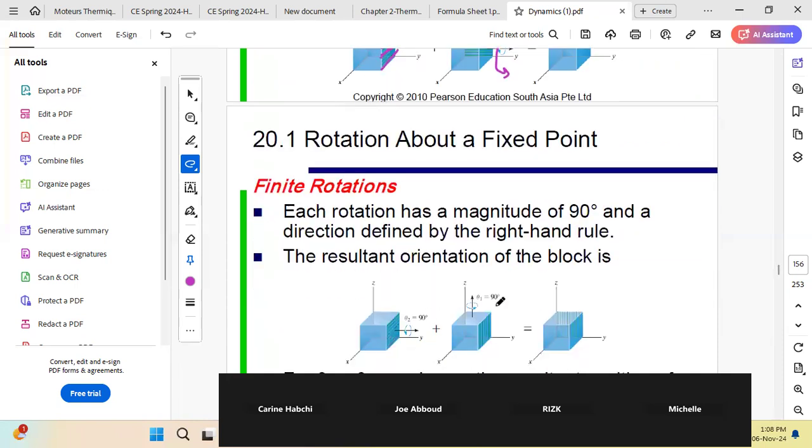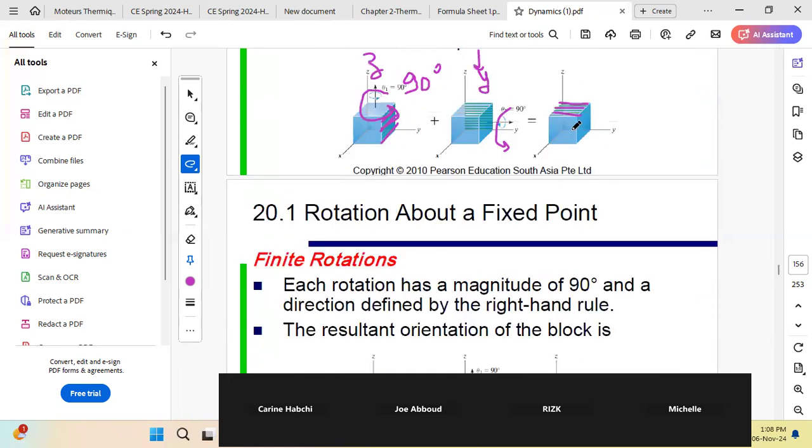If I do the opposite, and I rotate first about Y, then about Z, my face will be at this level, which is different from the previous case. So this shows that the order of rotation is very important when I talk about finite rotation.